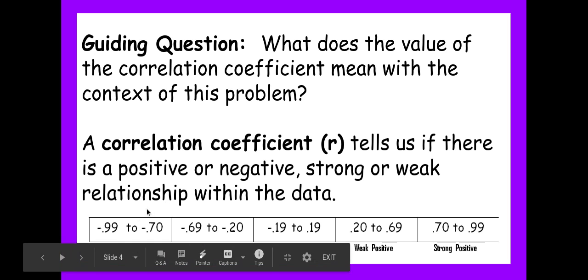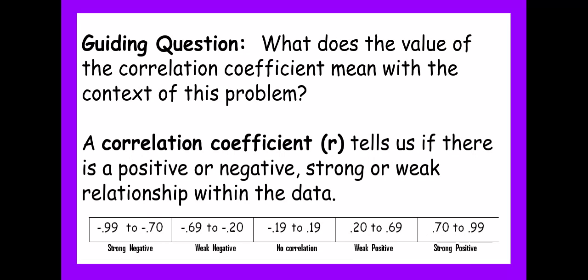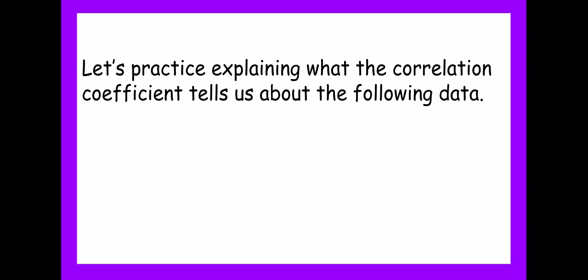On the left, you have your strong negative. Middle is weak negative. This is no correlation. This would be your weak positive scale and your strong positive scale. So when we get numbers that fall within those ranges, make sure you know the 2 words that are associated with it. Okay, so here we go. Let's look at number 1.